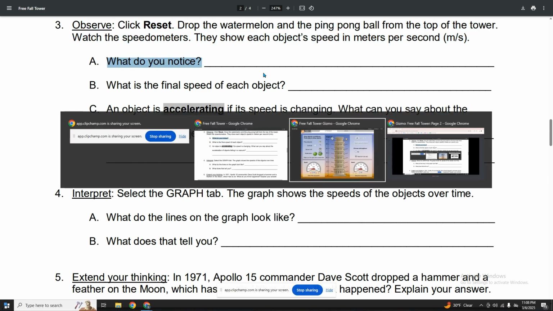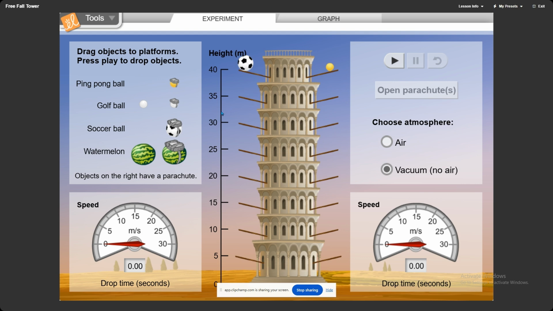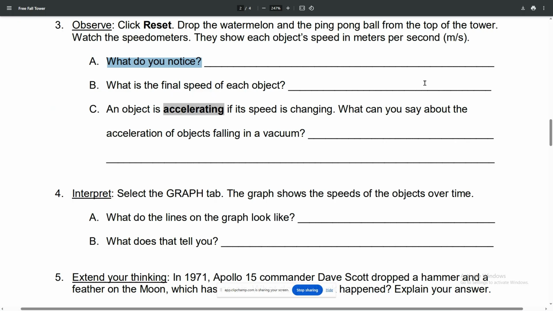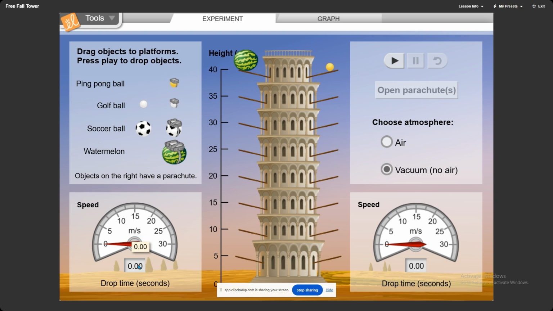Go into your gizmo, select the watermelon, and then go ahead and select the ping pong and run that experiment. While you're running it, make sure you're keeping track of the speed as it's falling.